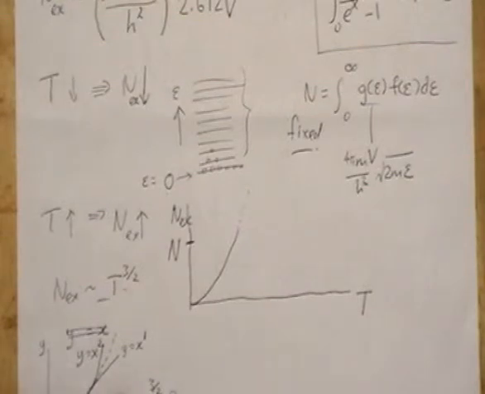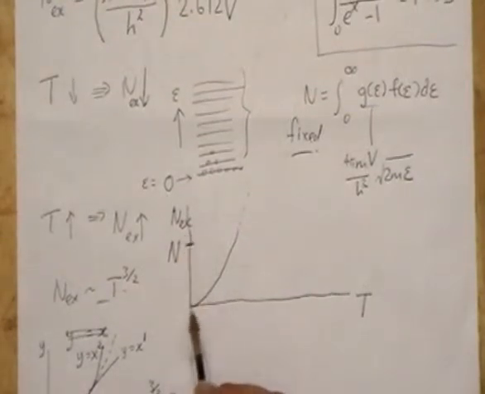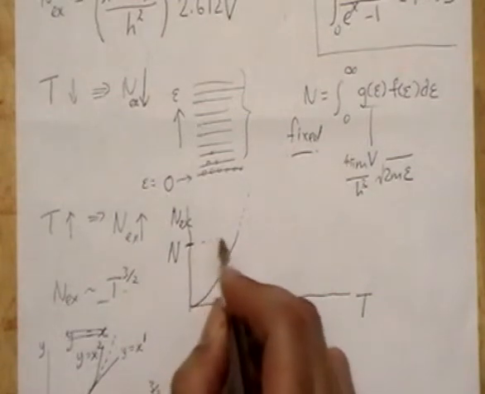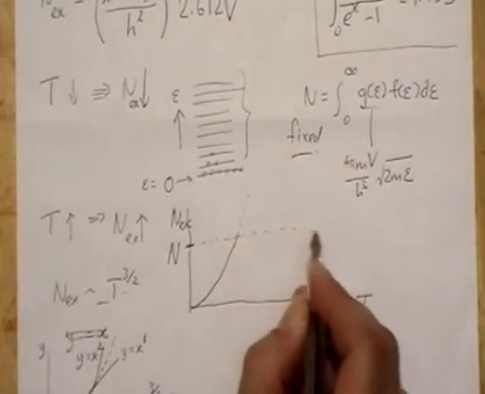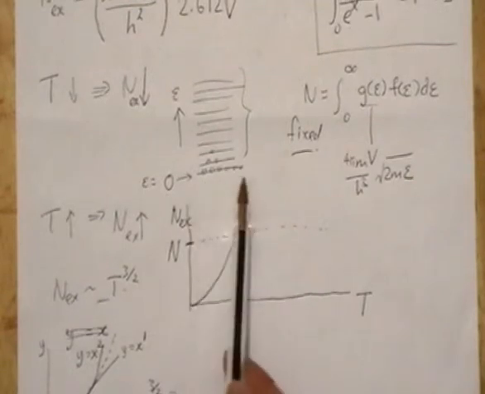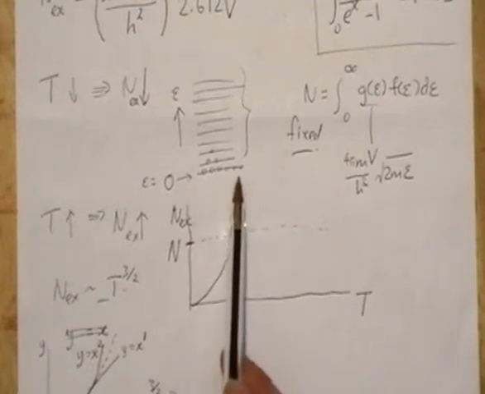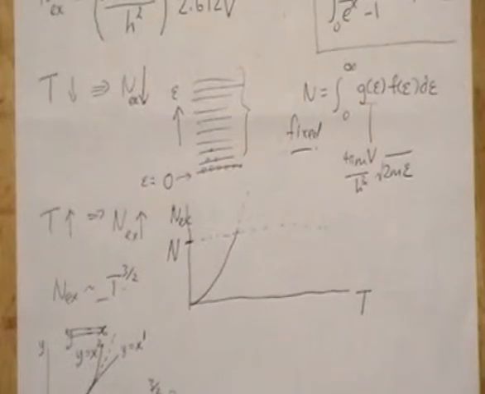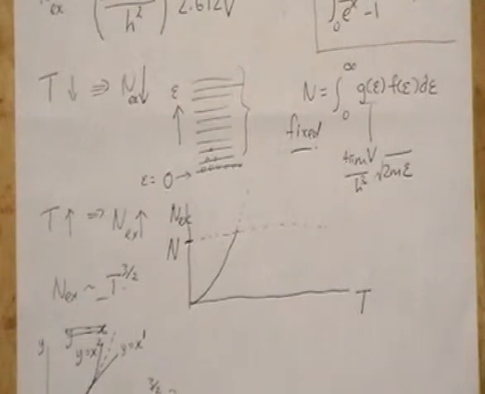So we would expect that when the curve hits N, it has to stop, because all particles would have been excited from the ground state. So there are no more particles left in the ground state, and the number of excited particles cannot increase anymore.